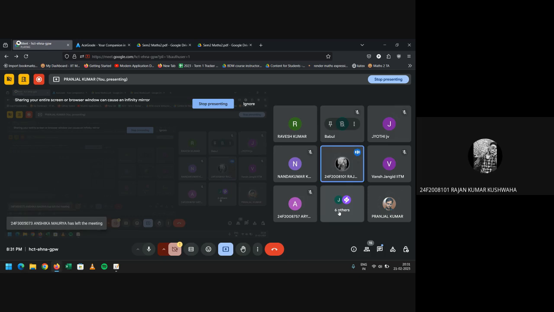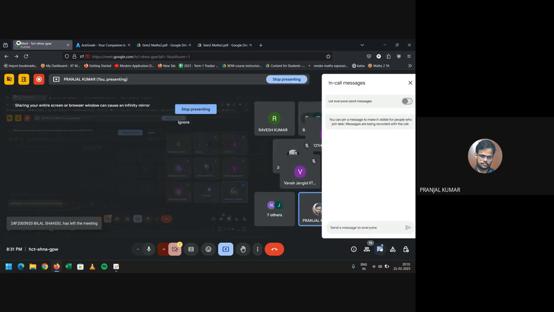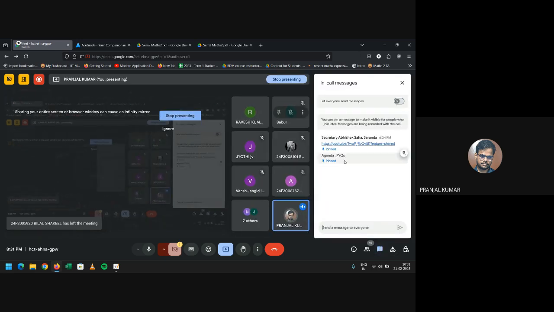Can you share the PDF in the chat section? How can I share the PDF? You can only share messages or links. One thing could be uploading it on Google Drive and then sharing the link of it. That would be great. How did the secretary contact you? You get the mails from him, right?